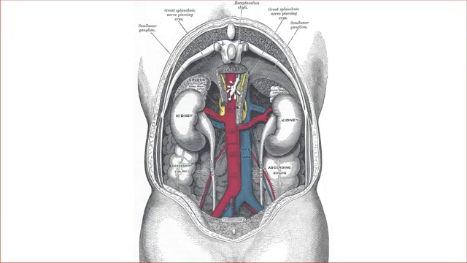Note also that you have got one major structure going into the kidney, i.e. the renal artery, that's providing blood and nutrients, and you've got two structures coming out of each kidney. So you've got the renal vein draining blood, and you've also got a ureter which carries the urine down to the bladder.